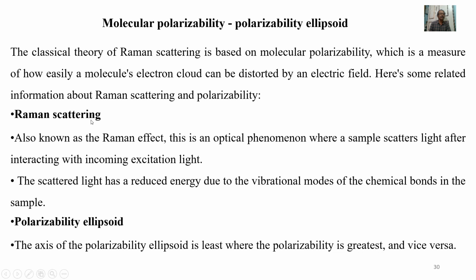Raman scattering, also known as the Raman effect, is an optical phenomenon in which a sample scatters light after interaction with the incoming excitation light. The scattered light has a reduced energy due to the vibration modes of the chemical bonds in the sample. Polarizability ellipsoid: the axis of the polarizability ellipsoid is least where the polarizability is greatest and vice versa.